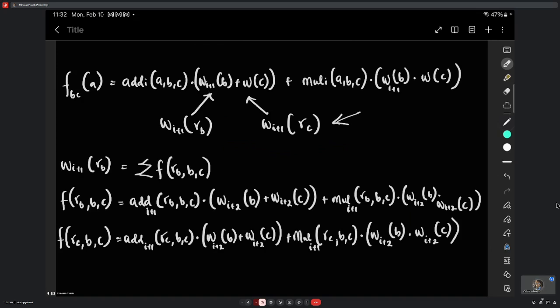Isn't it coming from the second layer? This one is coming from the layer underneath.